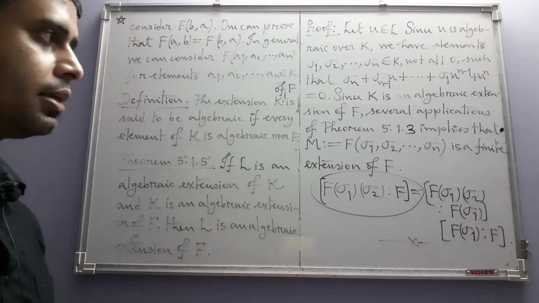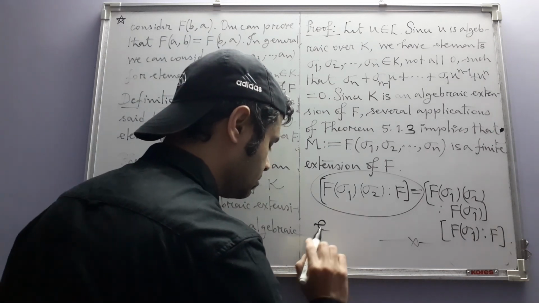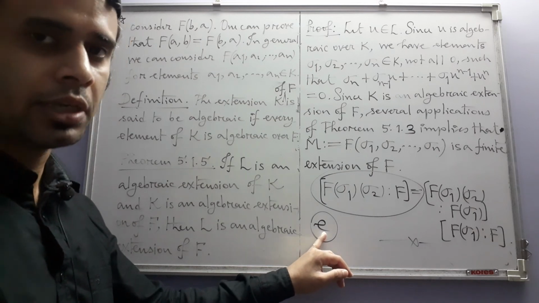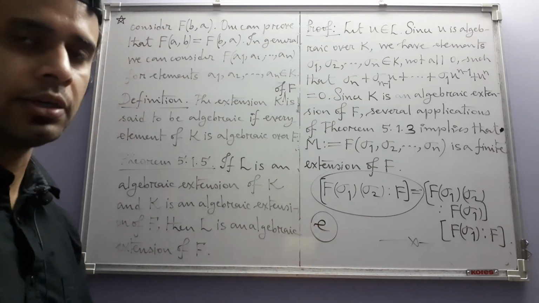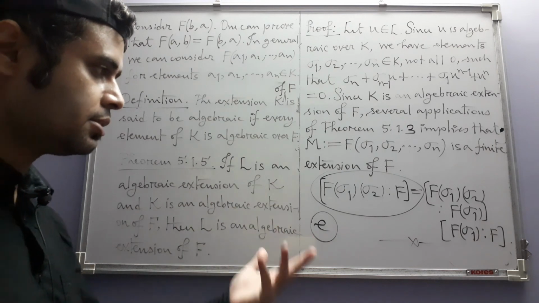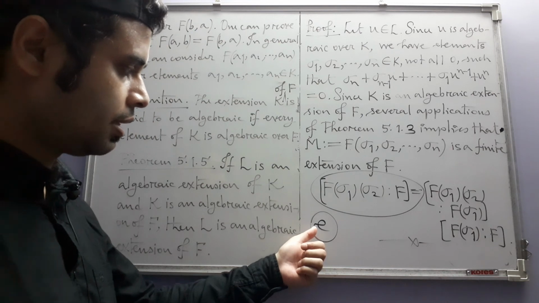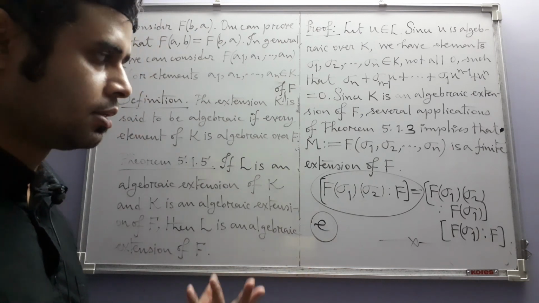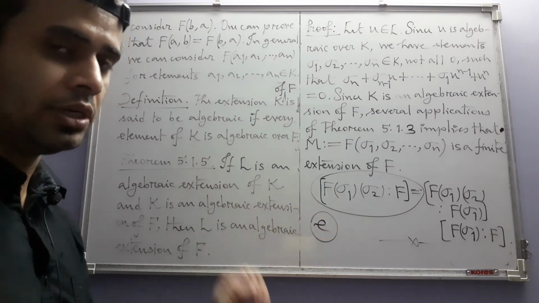In fact, in the next section we will see that the number e, which we know from calculus or analysis, this real number is a transcendental number, and besides this there are many other transcendental numbers. In fact, there are more transcendental numbers than there are algebraic numbers. So all these things we will see in the next video.